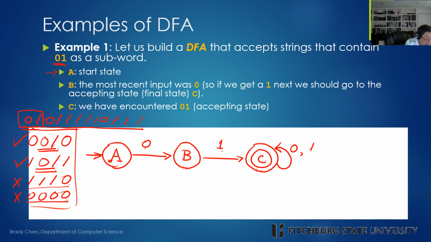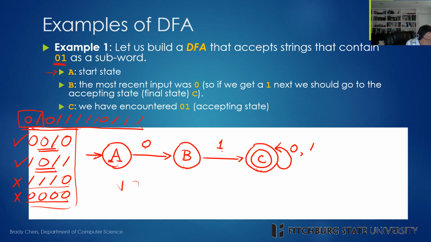If we start from A, now if our first character is 1, okay? If it's 1, that means we're not closer to the accepting state, because it doesn't matter what the next character is, whether it's 0 or 1, 1, 0 or 1, 1, both are not accepting.